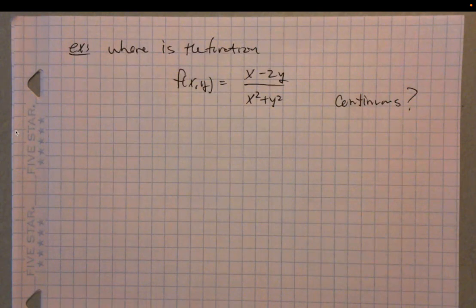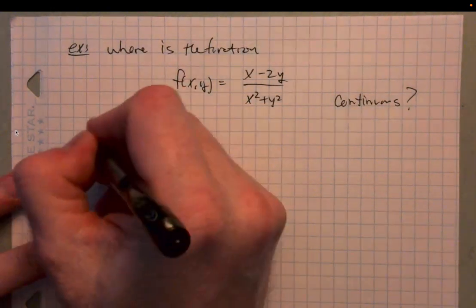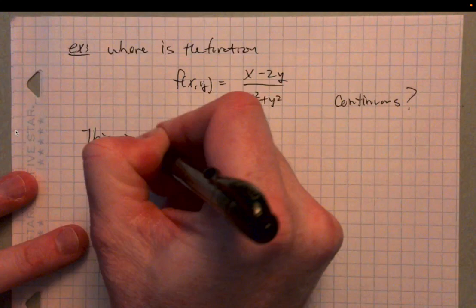To understand this kind of question, you really have to think about what sort of function you are dealing with. And this is a rational function, isn't it? It's a ratio of two polynomials, right? So this is a rational function.